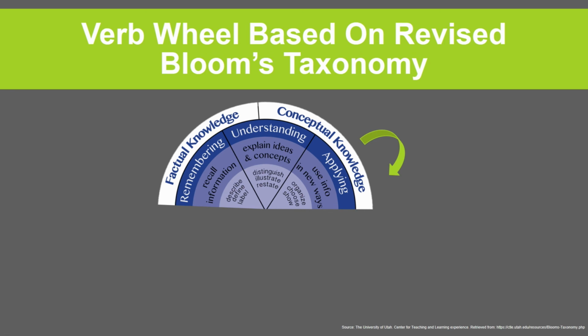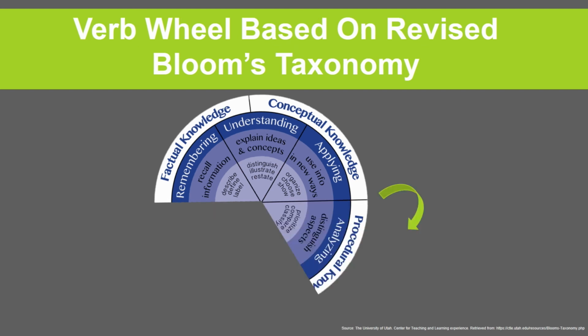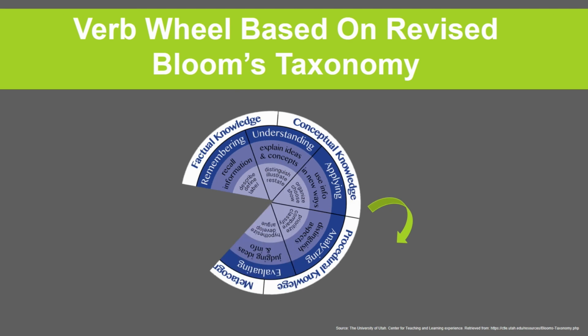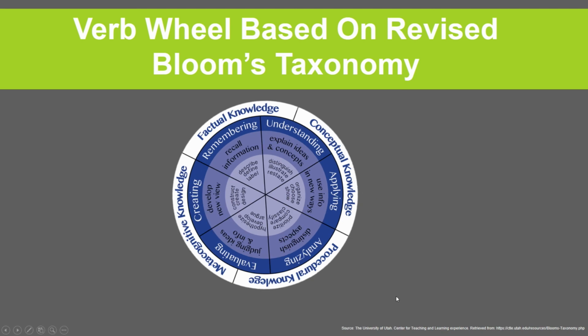Understanding, you can see distinguish, illustrate, restate. Applying, you could choose organize, show. Analyzing would be compare or classify or prioritize. These are just more specific verbs that you would use to demonstrate the levels of Bloom's taxonomy as you write your learning objectives.